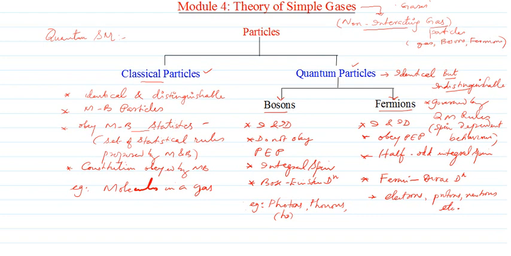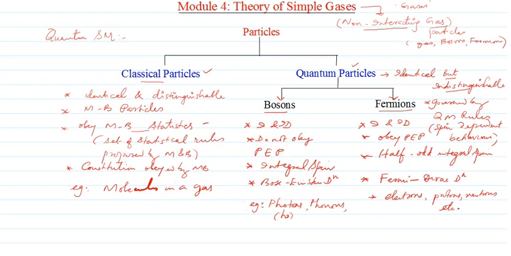We will start off our discussion by considering the quantum mechanical microcanonical ensemble of an ideal gas. Our first topic will be to consider the behavior of an ideal gas in the quantum mechanical microcanonical ensemble. Remember, in the theory of simple gases, what we are going to do is extend the ensemble theory to study the behavior of quantum mechanical systems, and thereby develop the three different types of distribution.